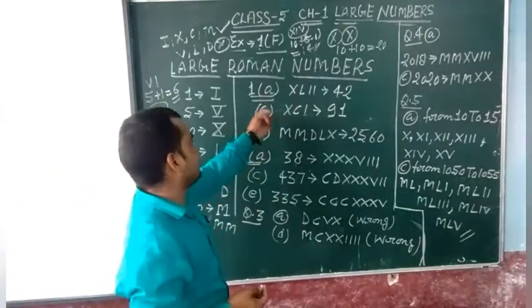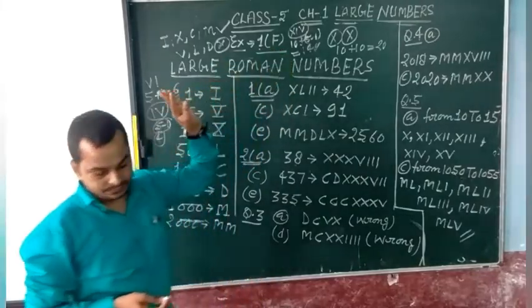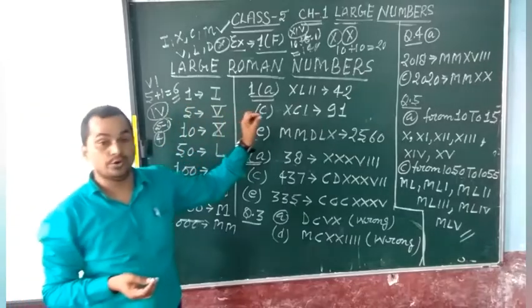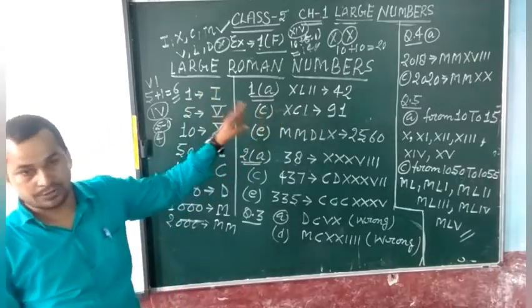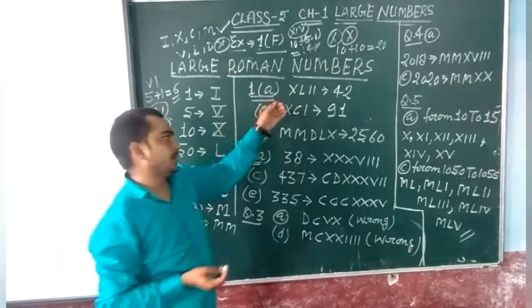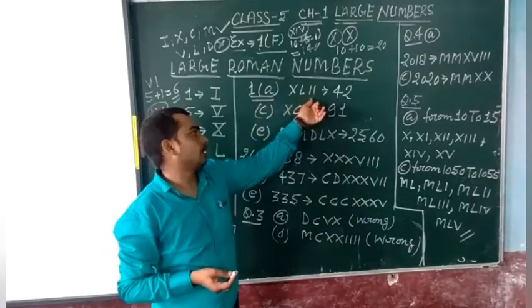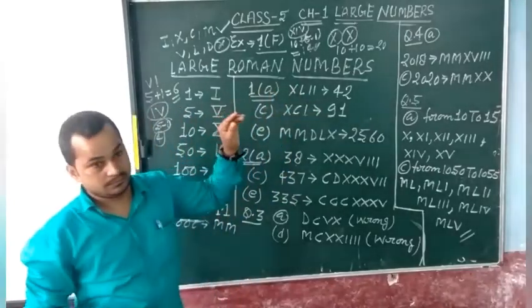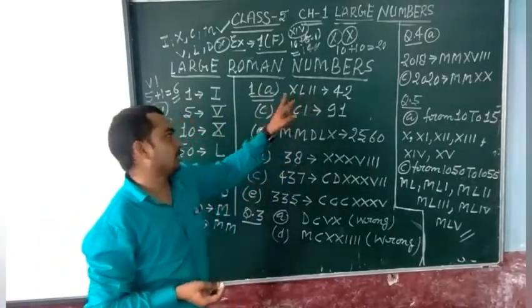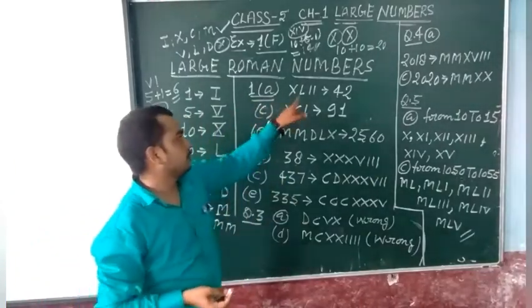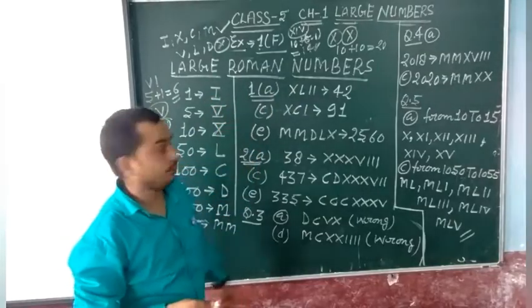Now come to exercise 1F. First question: write the corresponding Hindu-Arabic numerals for the following Roman numerals. Part A, XLII. L is 50, and to the left of L is X, so we subtract 50 minus 10, so 40.